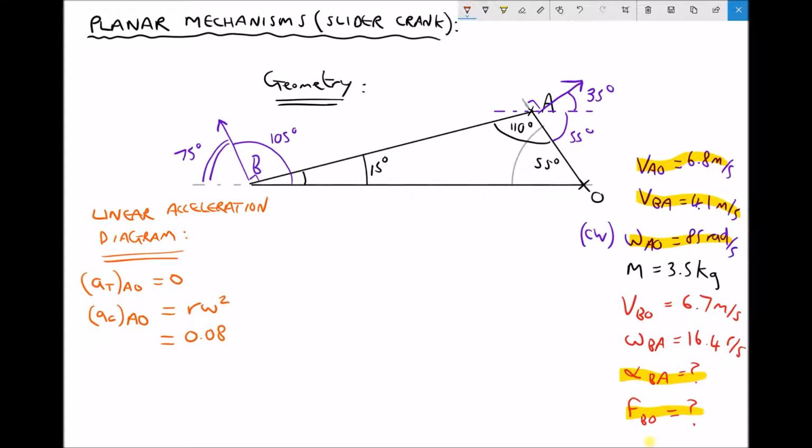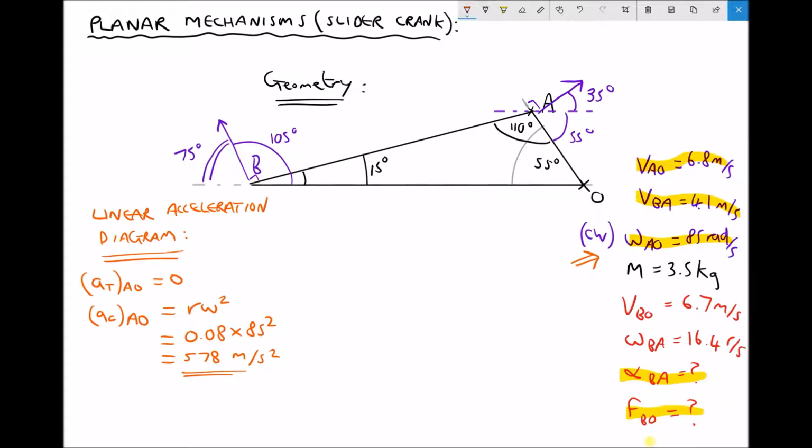And our angular velocity of linkage OA was specified at the start of the question here, so times 85 squared, and that will give us the centripetal acceleration of A relative to O. Running that through the calculator gives a value of 578. It's a linear acceleration, so our units are meters per second squared.